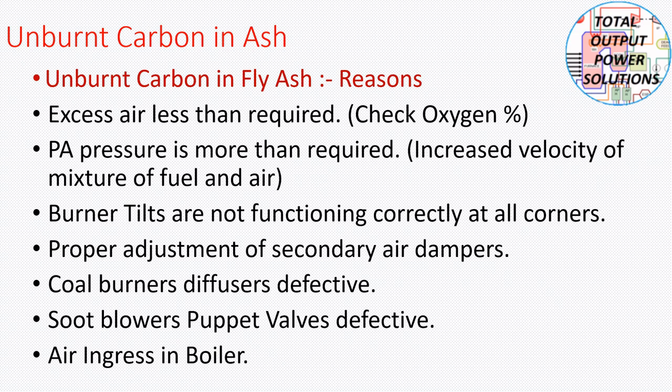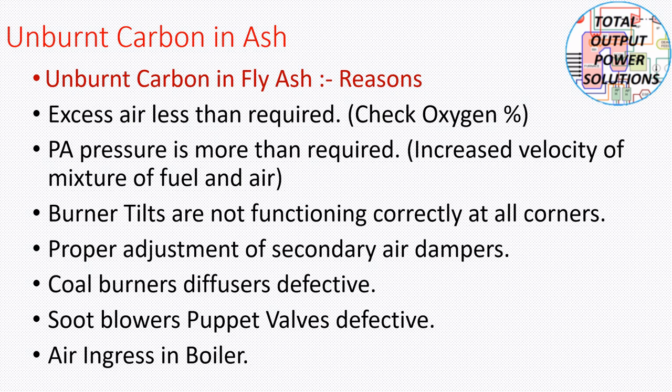It might have increased the velocity of the mixture of fuel and air, and the coal is not burning fully. The burner tilts may not be functioning correctly at all corners. At some corners the burner tilt may be on the upper side, and at some corners at the lower side. So this may be a problem. So burner tilts must also be checked for proper functioning.